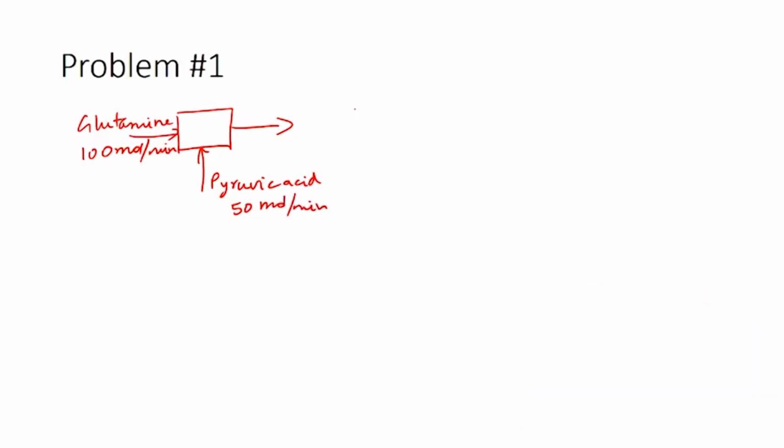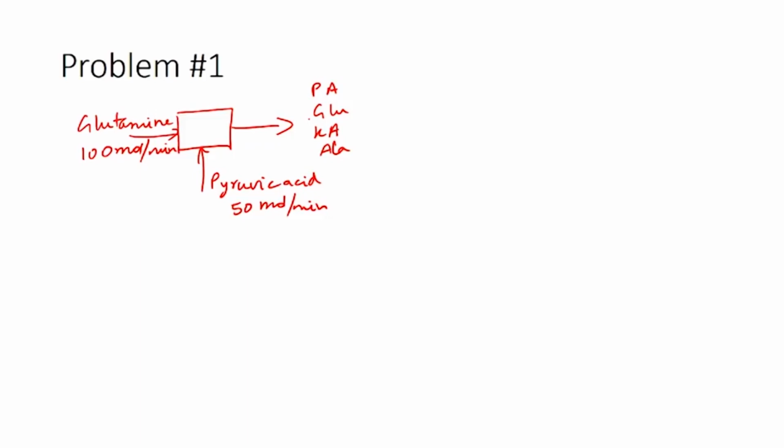You have an exit stream which would contain unreacted pyruvic acid, unreacted glutamine, the products ketoglutaric acid and alanine. So, this would be your product stream.